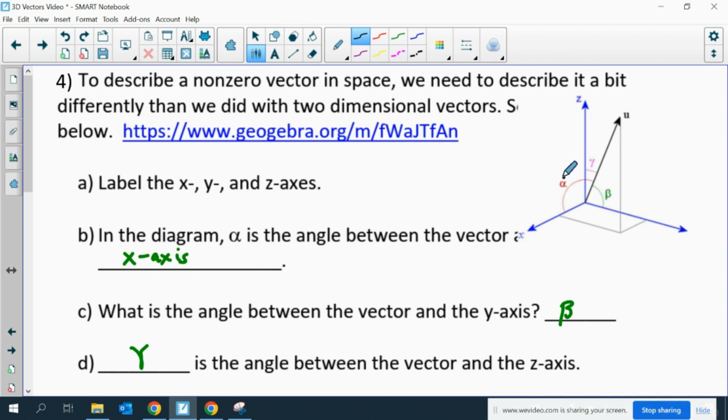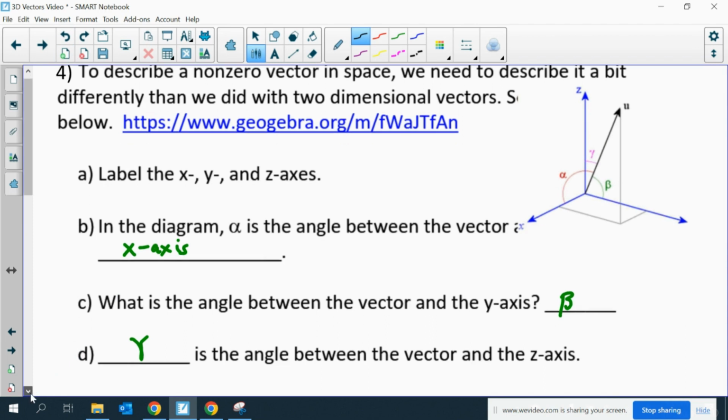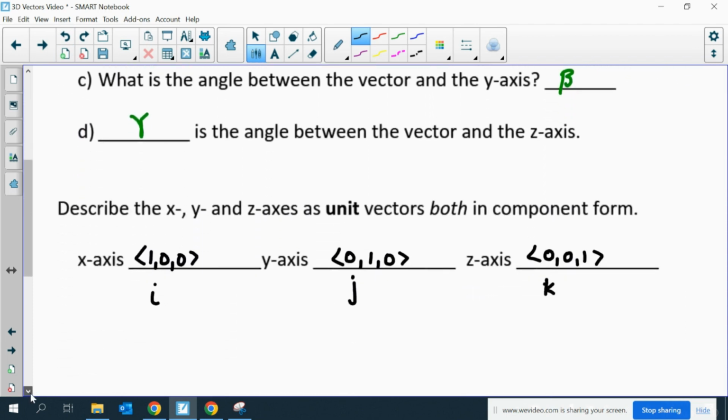We have to describe an angle with the x-axis, which we call alpha, an angle with the y-axis, which we call beta, and an angle with the z-axis, which we call gamma. So all 3 of those things are labeled.